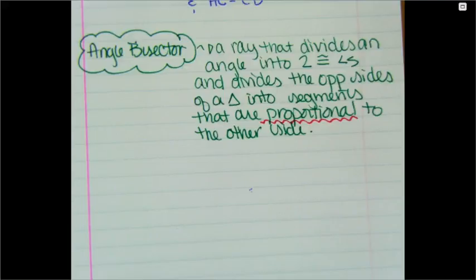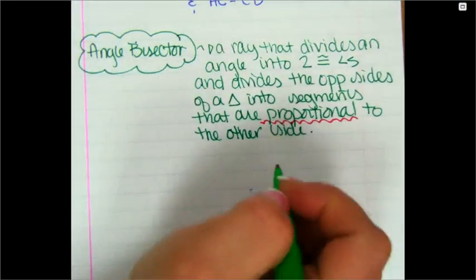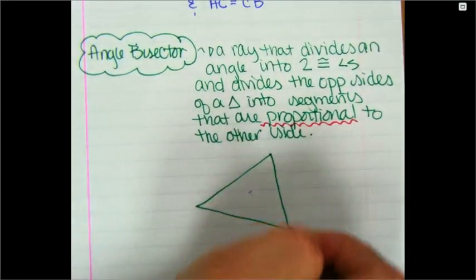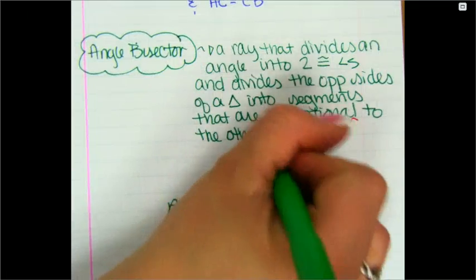Did I say congruent? No. I said what? Proportional, which means you're going to be solving what? You're going to solve what? Proportions. Draw our picture. A, B, and C.